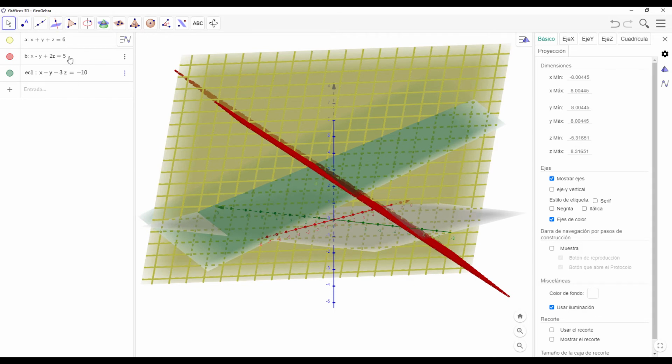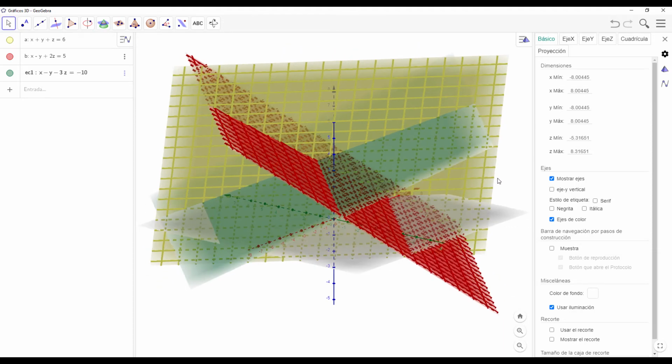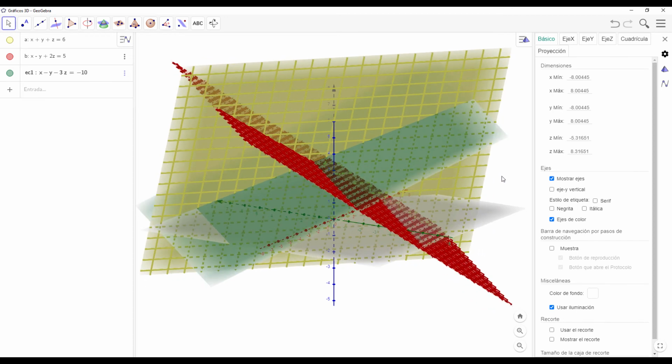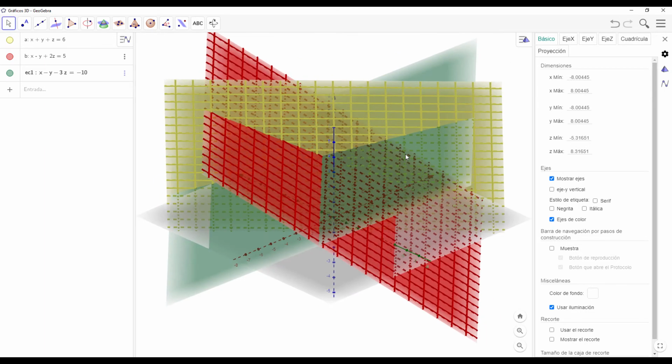This is the equations. Here you can move that 3D graph. Here we see the 3 axes. As you can see, one equation represents a plane.